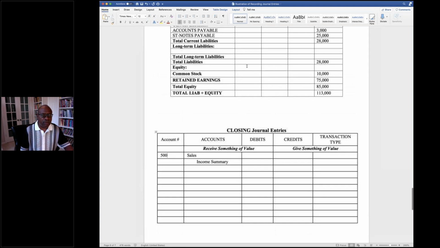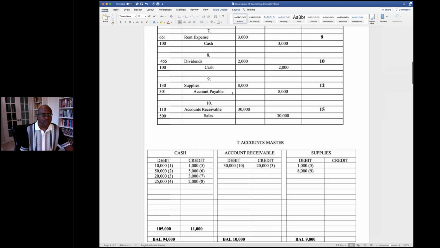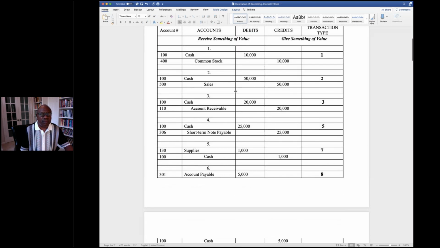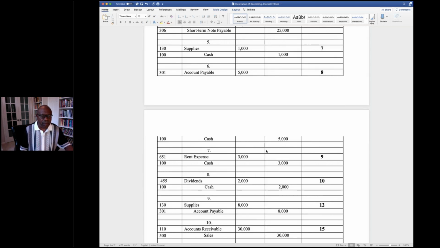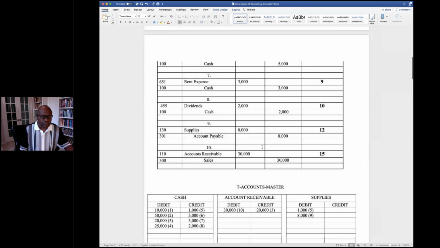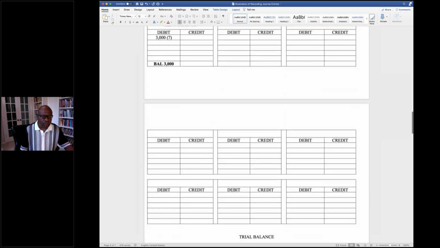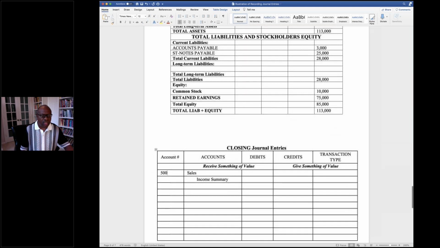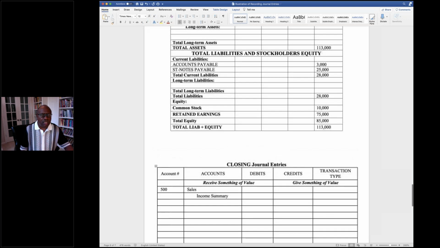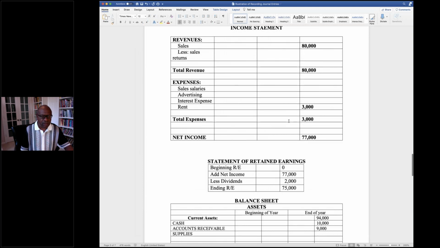And income summary. I'll add the account number later. But we're going to credit the income summary for the amount of the sales, which is 80,000.